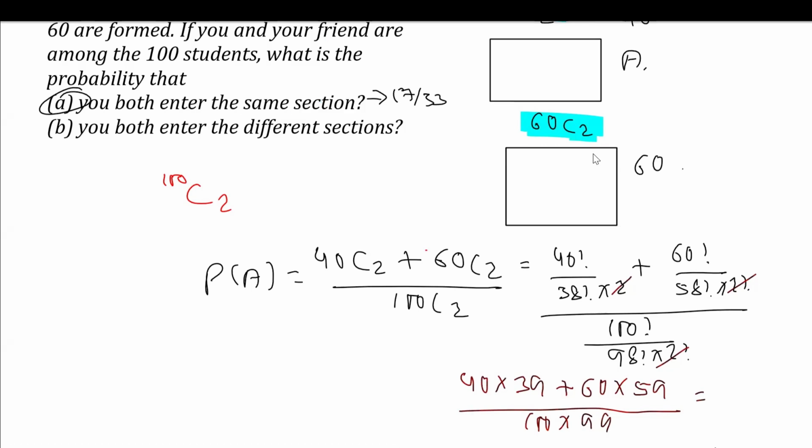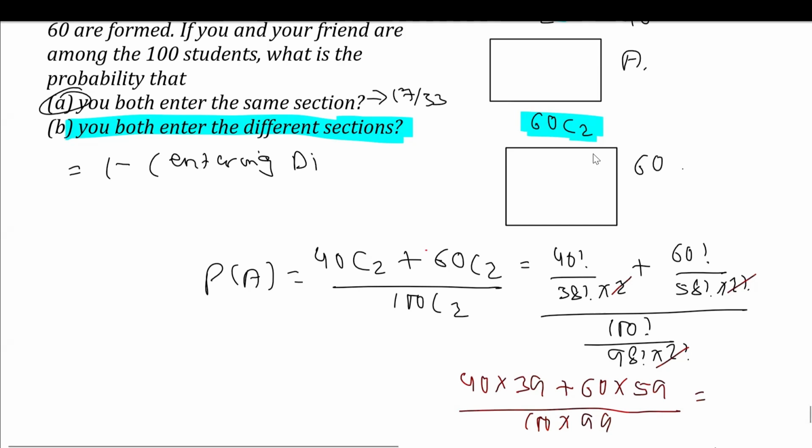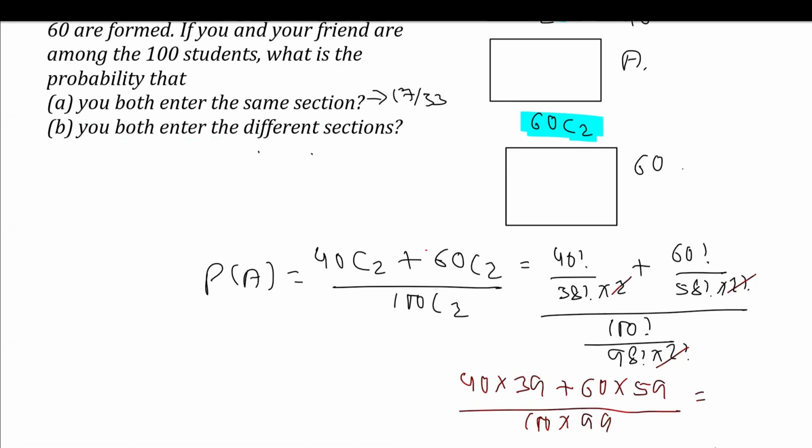Now in the next part, we have to find the probability that they both enter different sections. Sorry, I took it opposite earlier. So both entering different sections is 1 minus the probability of entering the same section.